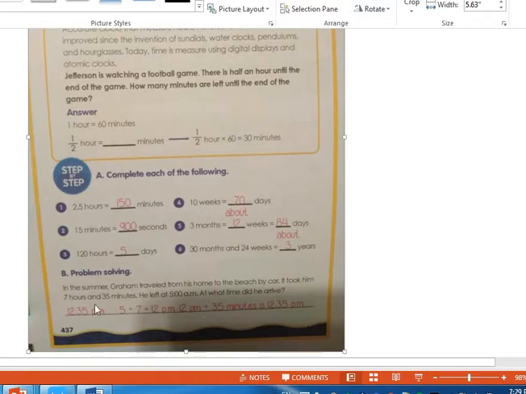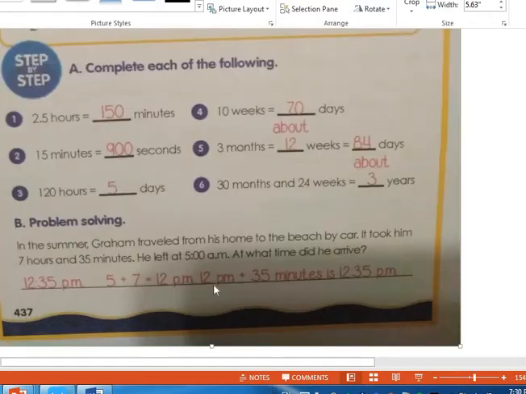So problem solving. In the summer, Graham traveled from his home to the beach by car. It took him 7 hours and 35 minutes. He left at 5 a.m. At what time did he arrive? It's very easy now. He left at 5 a.m., and it took him by car 7 hours and 35 minutes.